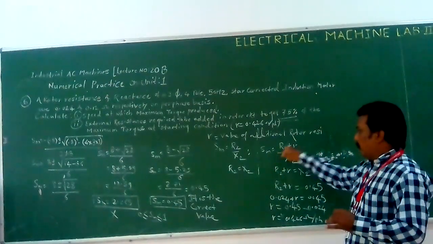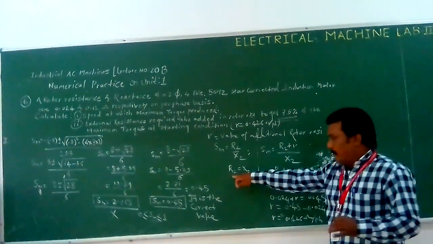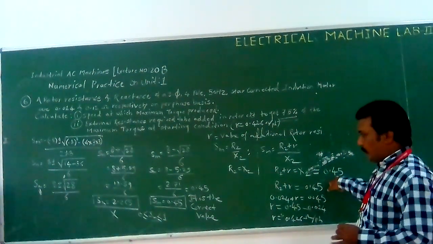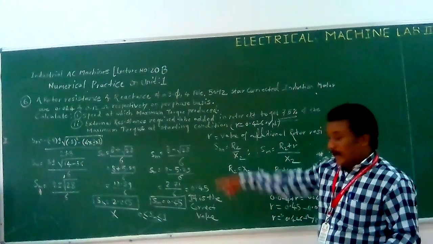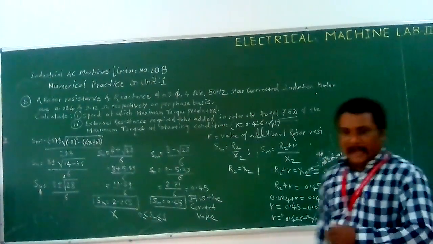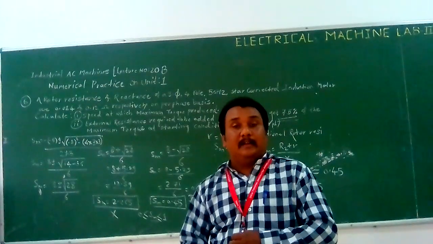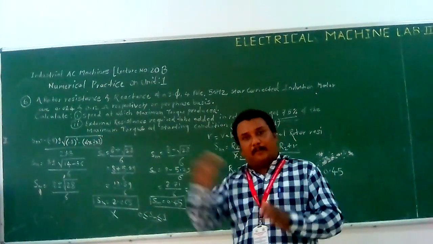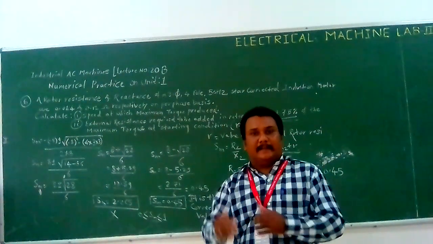So R2 plus R is equal to X2 times 0.45, the value calculated earlier. By simplifying this we get the additional resistance in the rotor circuit at which 75% of the maximum torque is obtained at the starting moment.